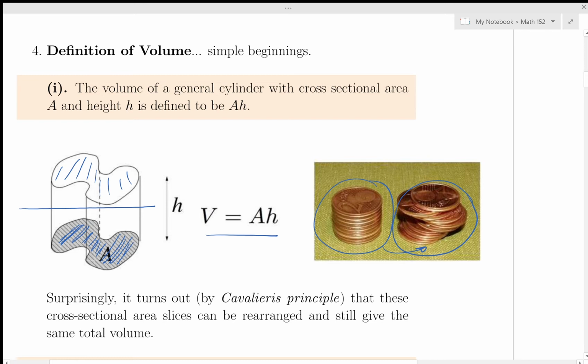So if the cross-sectional pieces are rearranged, it doesn't matter. It still is going to give us the same volume. So this is a principle called Cavalieri's principle. So this is a mathematician who lived quite a long time ago now, 1598 to 1647. Okay, so those are the same volume. That's what this is telling us.